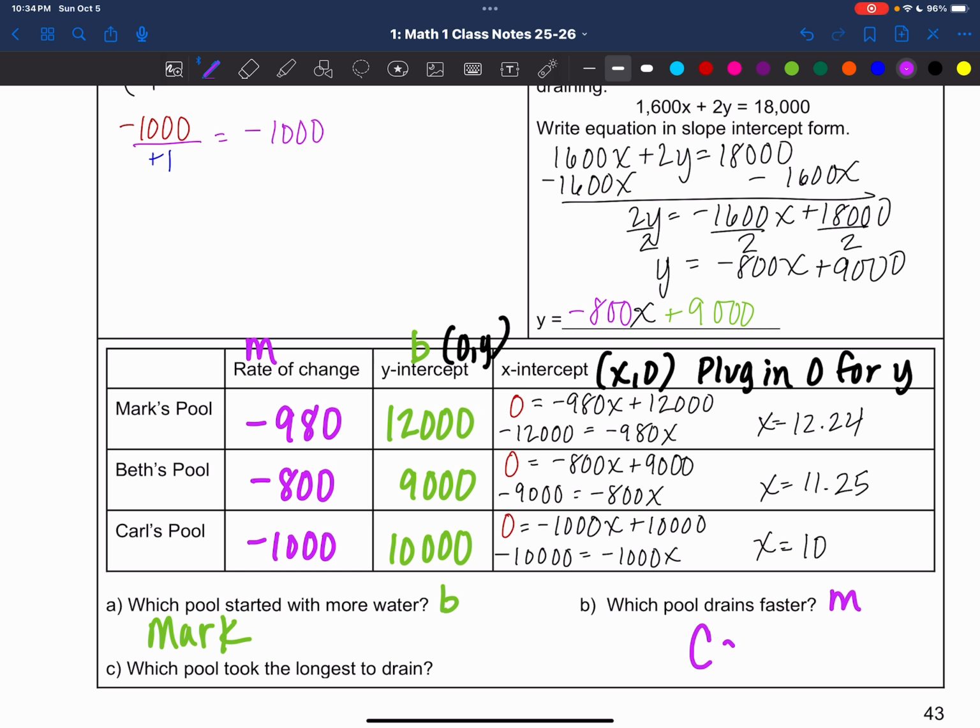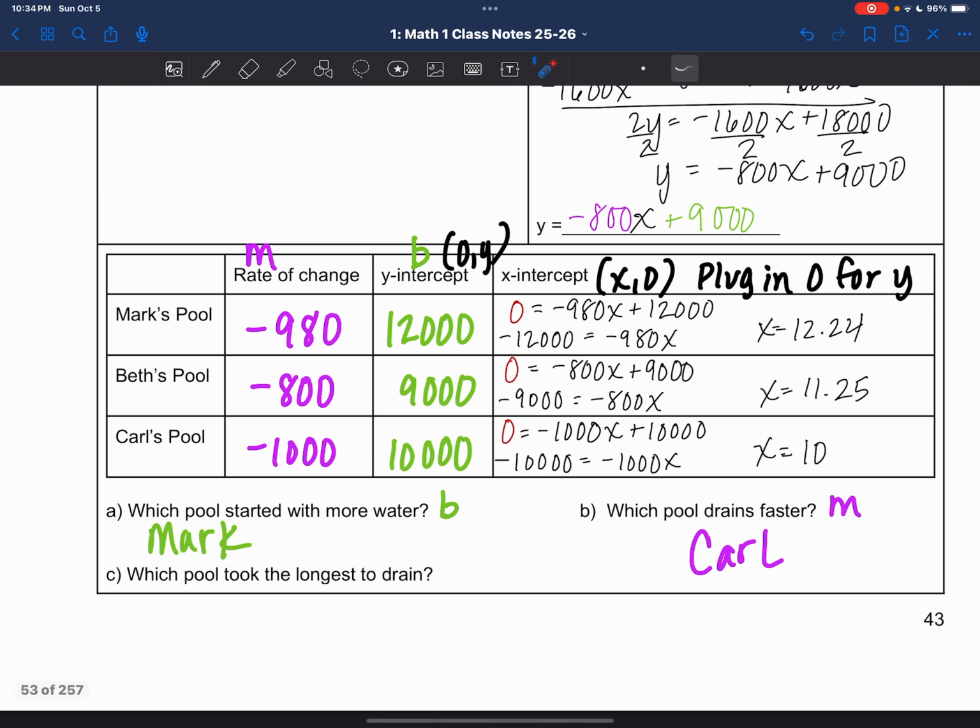That would be Carl, because if you look here, Carl's number has the most going in that amount of time. Now, which one took the longest to drain? If you were to look, the longest would have been your x-intercept. So for that, Mark also got that category because he had the largest out of all of them. So it took him a long time for it to drain.